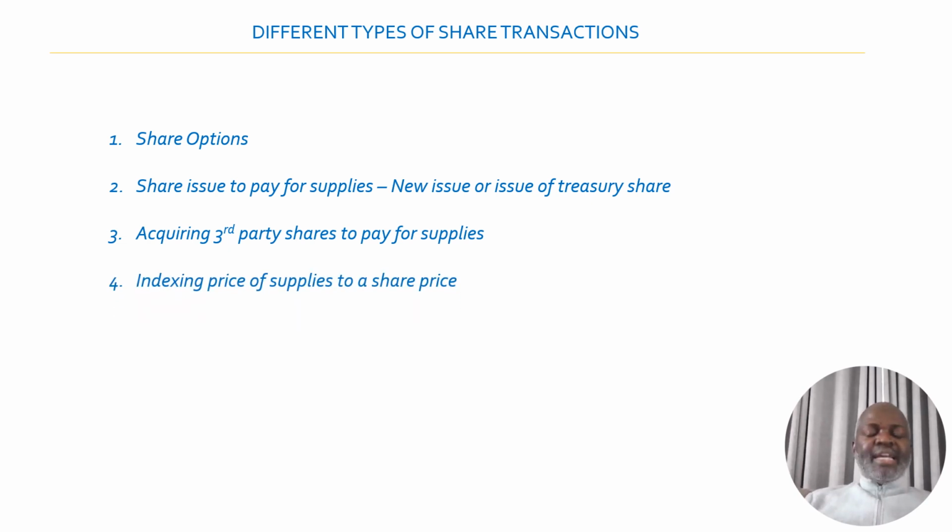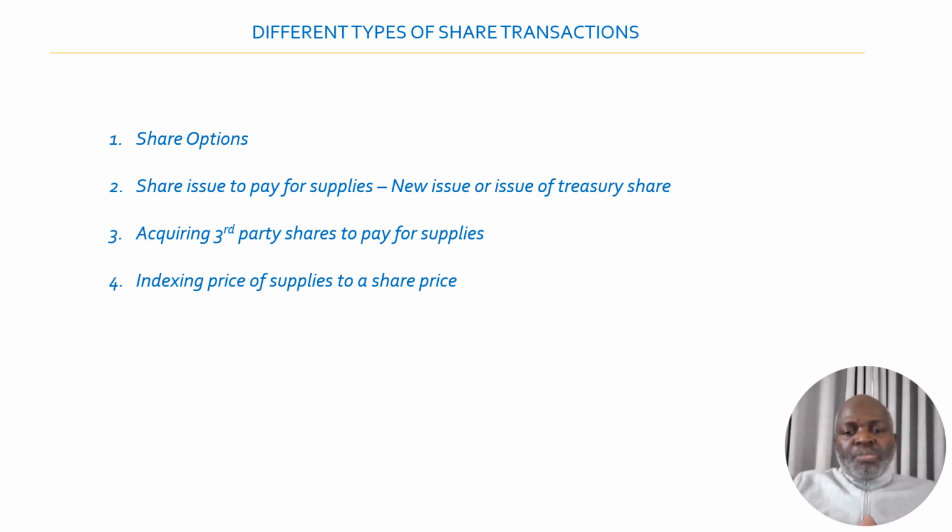And then there's another type of transaction that involves shares, where, maybe again, a supplier has supplied us with goods or services, and instead of giving them shares to pay them, we are saying the amount that we will pay you, Mr. Supplier, is going to be determined by what is happening with the price of a share, be it our own shares or other shares.